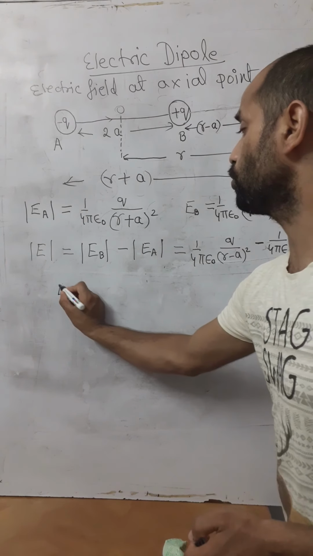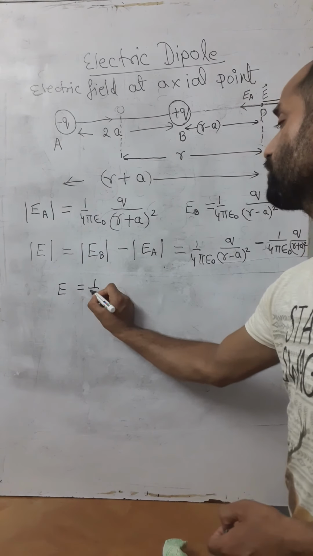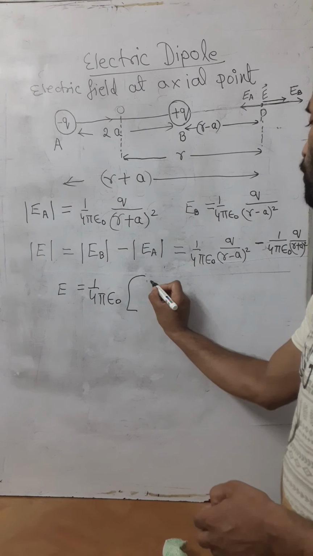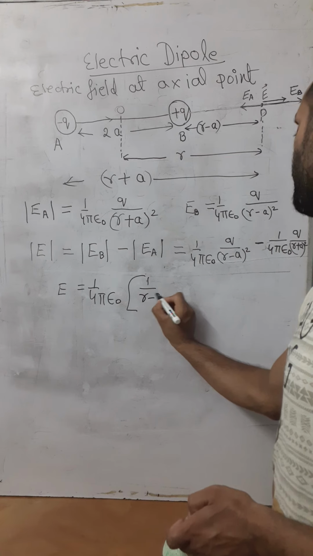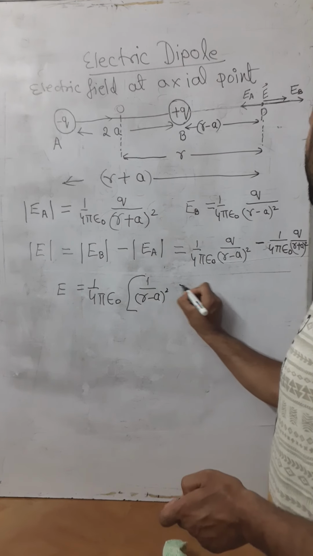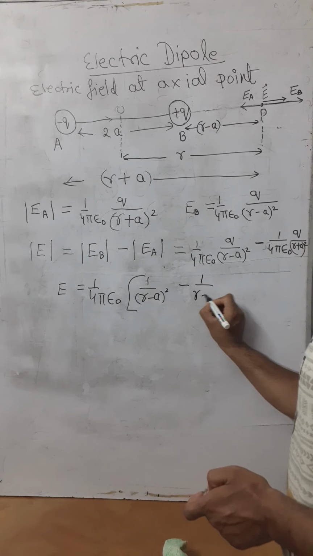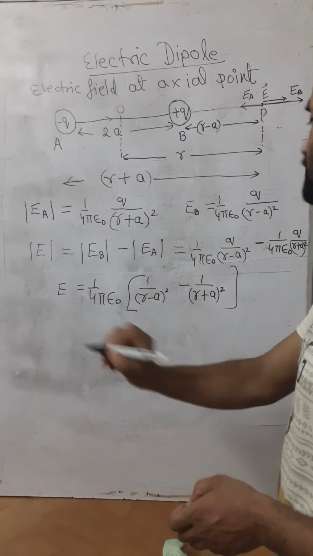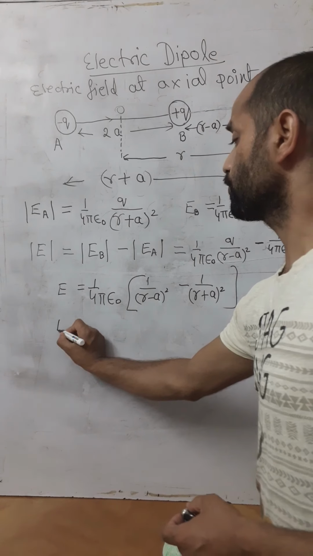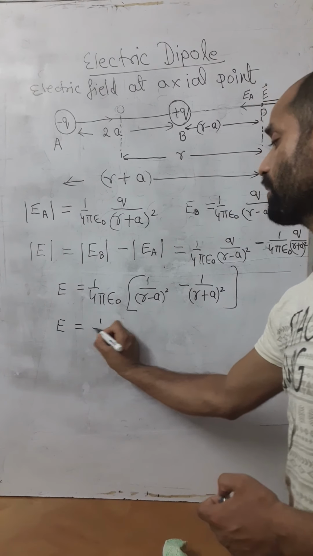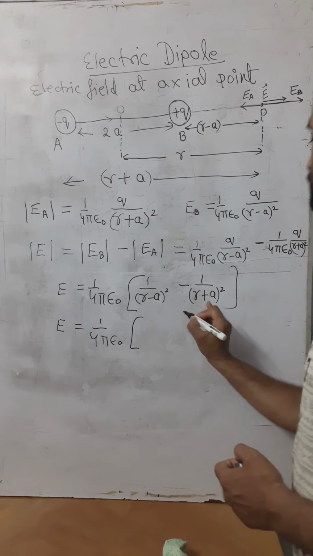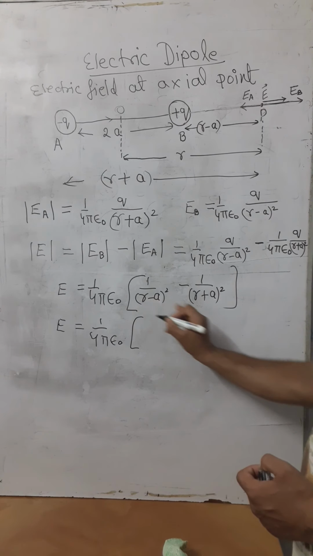So what is E? 1 by 4 pi epsilon naught can be taken as common: 1 upon (R minus A) whole square minus 1 upon (R plus A) whole square, right? So E would be 1 by 4 pi epsilon naught, and this is (R square minus A square) whole square.